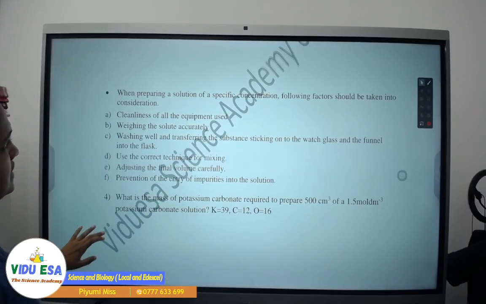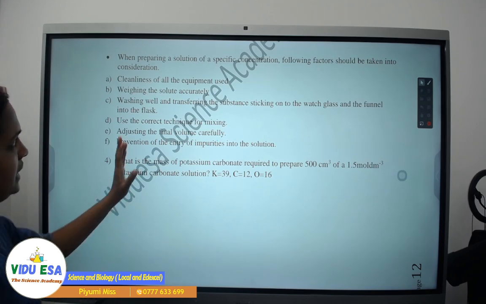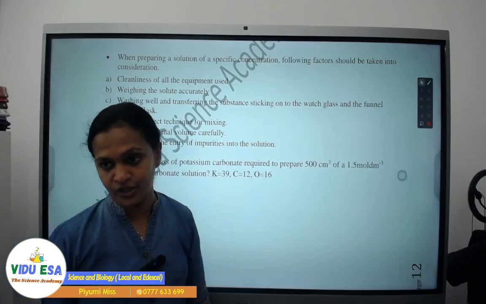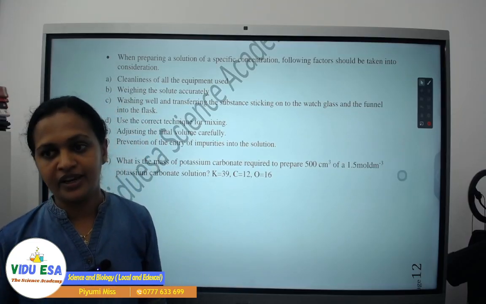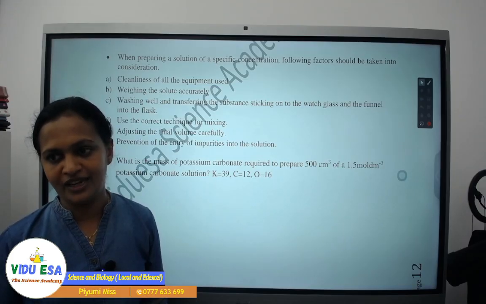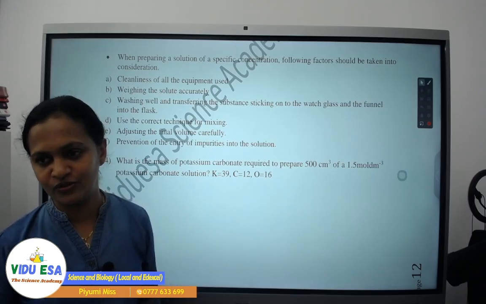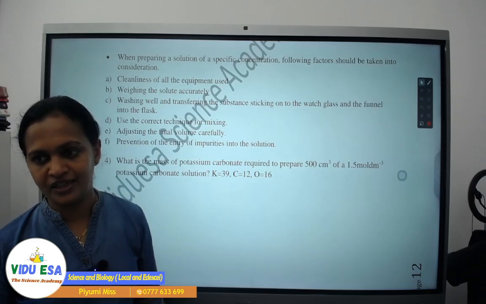When preparing a solution of a specific concentration, the following factors should be taken into consideration. One, cleanliness of all the equipment used. Then weighing the solute accurately. Then washing well and transferring the substance sticking to the watch glass and the funnel into the flask. That is why we washed both of them. Use the correct technique for mixing; we don't use a glass rod.